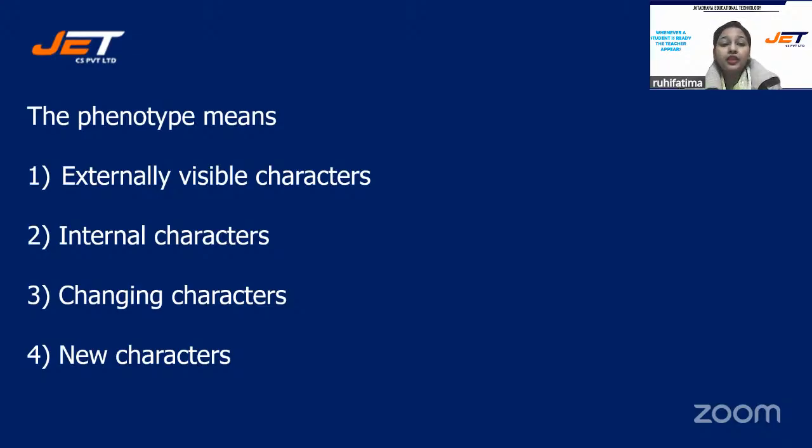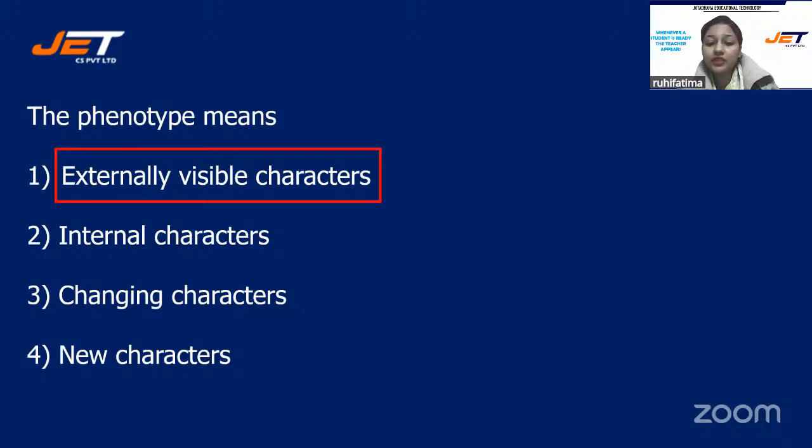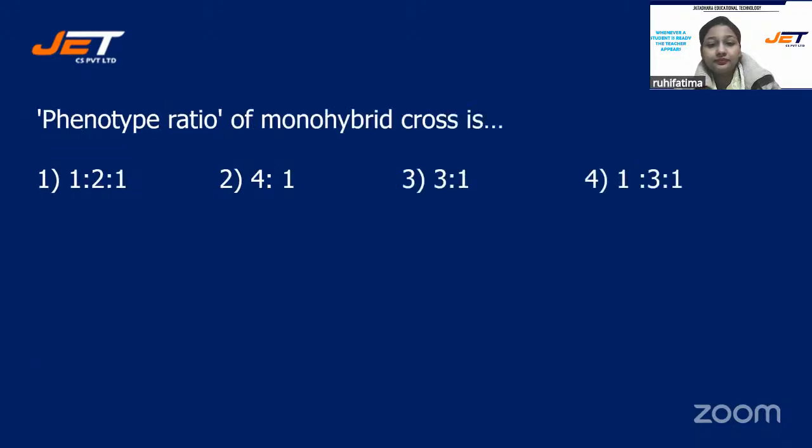Revealing the correct answer for this question, that is option number 1, externally visible characters. Internal characters are genotype, externally visible characters are phenotype. So option number 1 is the right answer. Yes, Ranjit, Surya, Teja, you both are correct, students. Well done.